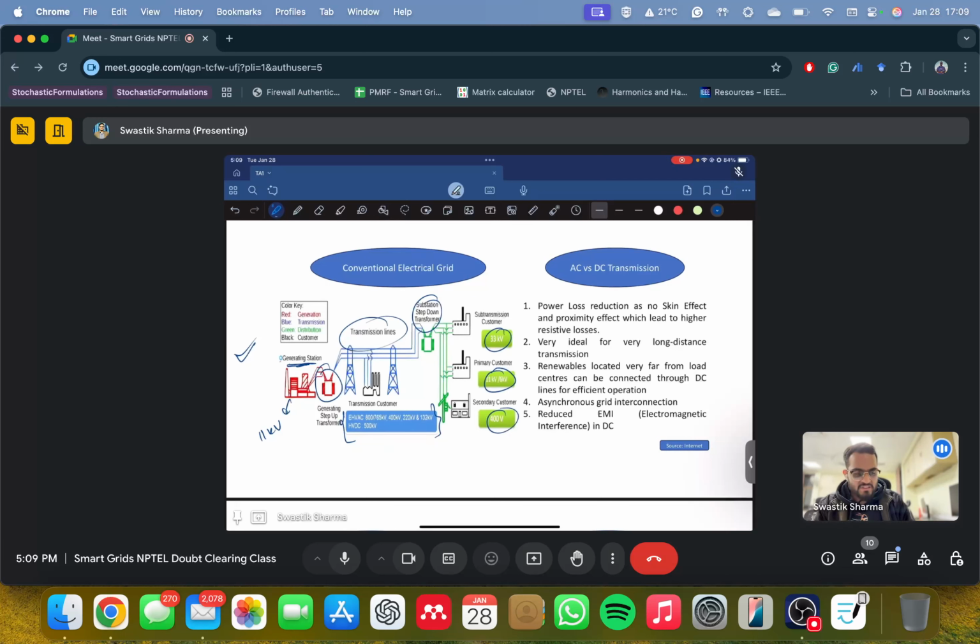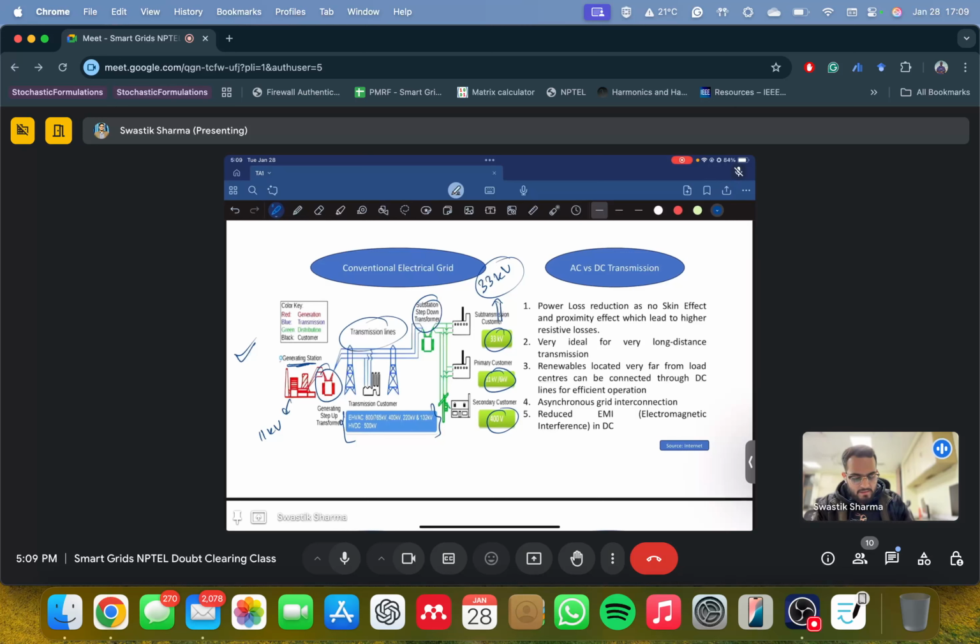The 400 volts are generally used by secondary customers, because they come after the primary customers, who are given a very high voltage level of 11 kilovolt. Sub transmission customers, called that because 33 kV is still very high, are industries which may want to use such high voltage levels.